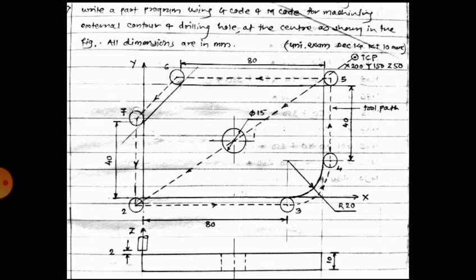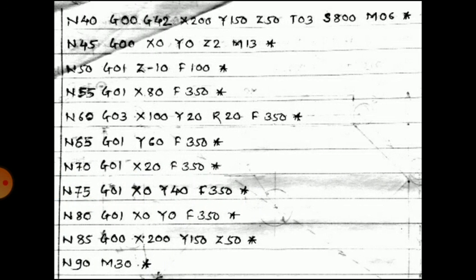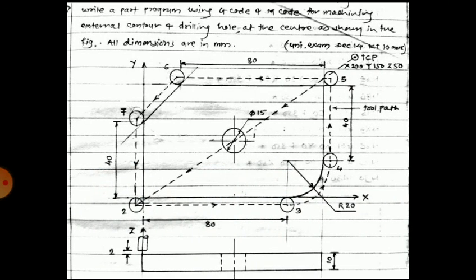Then N65 G01 Y60 F350, from point 4 to point 5. The coordinates of point 5 are given, that is Y60, and the tool is already at X100, so only Y60 is shown.